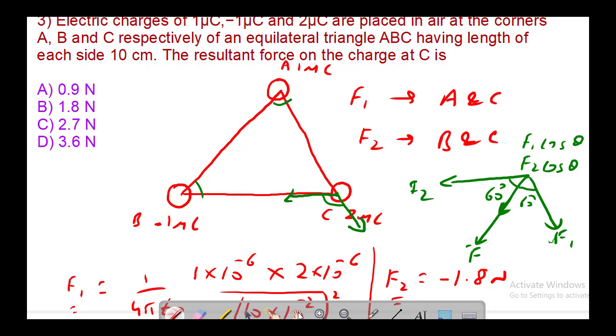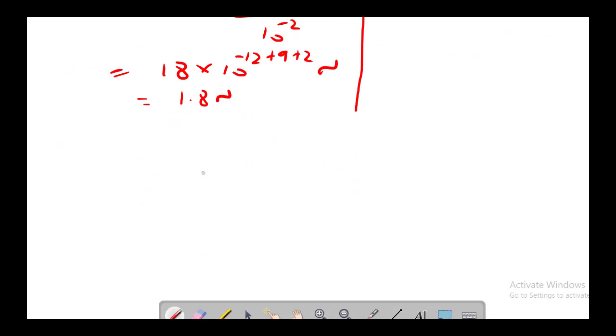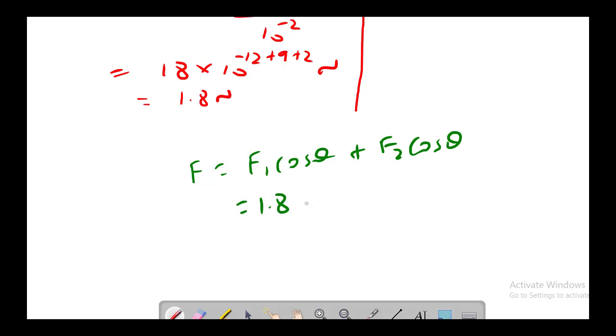So now we calculate the magnitude of the total force. Now this F is F1 cos theta plus F2 cos theta. F1 is 1.8 and theta is 60 degrees, and F2 is also 1.8 and theta is again 60 degrees.